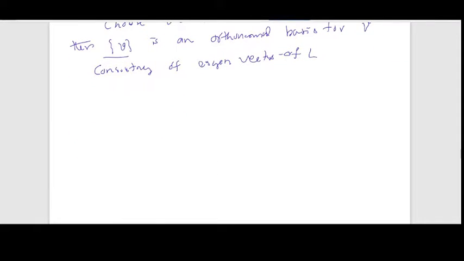Now we assume that the result holds for n equal to k, where k is greater than or equal to 1.